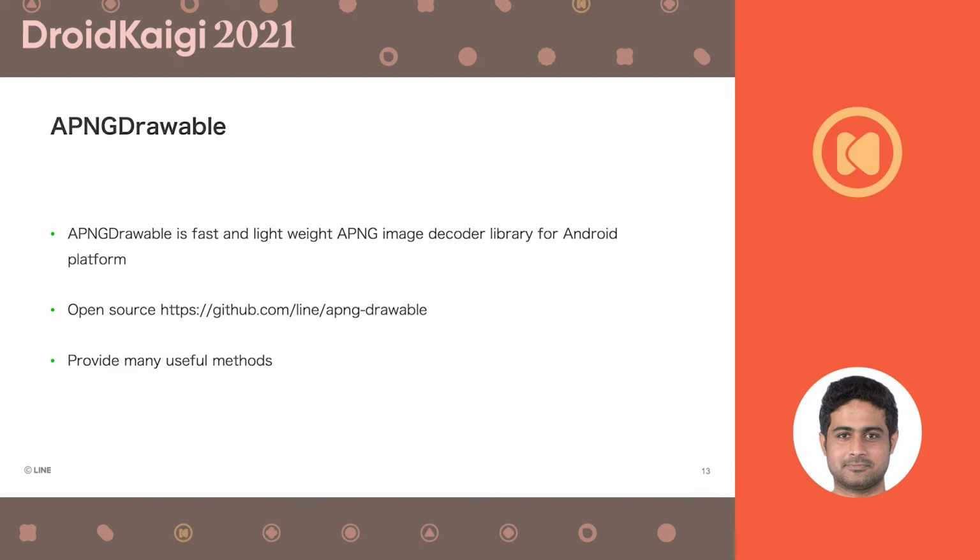It's a lightweight library written in C++ and Kotlin, so it's fast. Also, it's open source, so you can go to GitHub, download it and use it in your project. It provides many useful methods, like you can start animation, stop animation, or other methods like animation callbacks or lifecycle callbacks. So it provides a lot of methods which are really helpful.